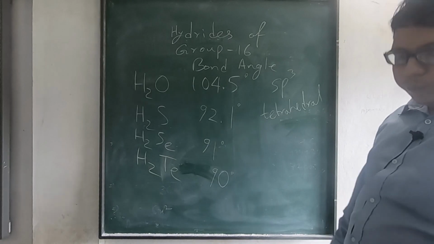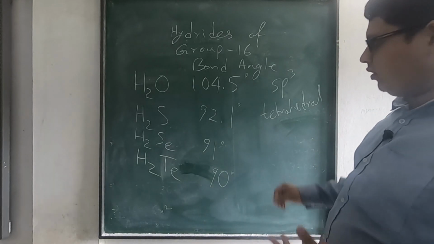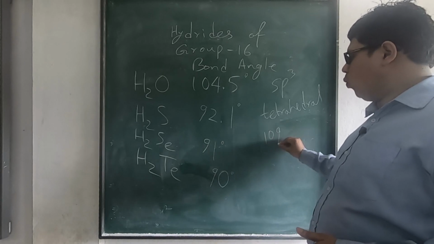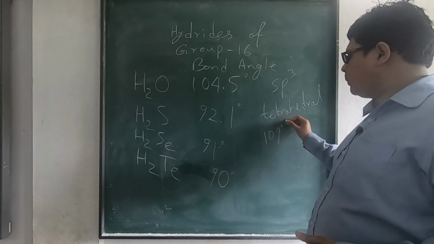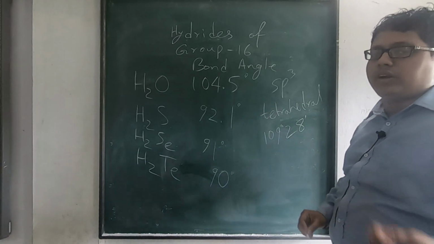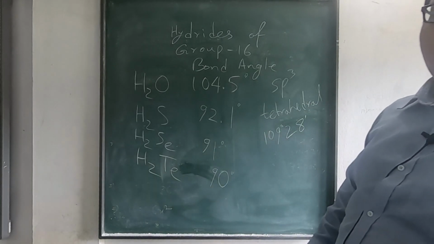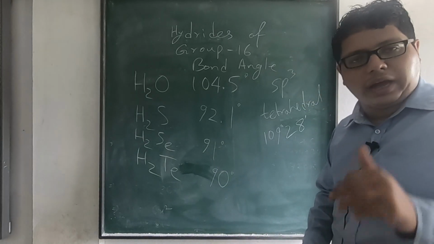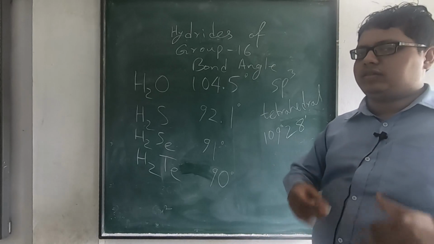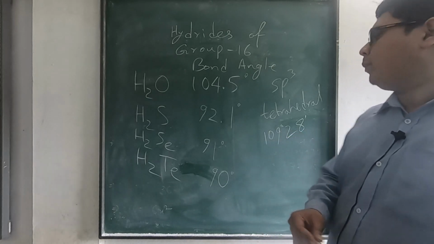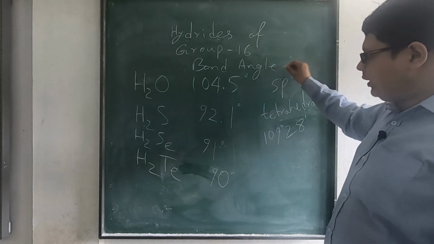You have studied in class 11 that if something is tetrahedral, then the bond angle should be 109 degree 28 minutes. If you do not remember, please go and read it again. VSEPR theory, hybridization, bond angles, these were the basic parts that we studied in class 11, very important. If you remember, then it's fine.